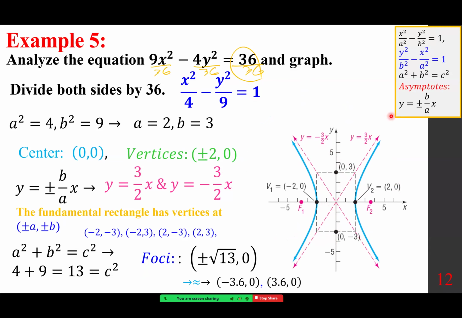So one more time, one thing that is important to understand: what does the fundamental rectangle do for us? If you draw its diagonals and continue them, they become the two asymptotes. And the locations of F1 and F2 are about negative 3.60 and positive 3.60. So we got all the information, and that's the synopsis of what we had to do.